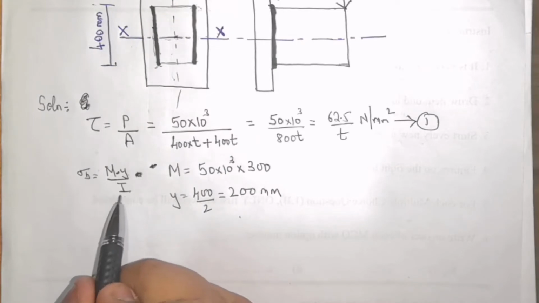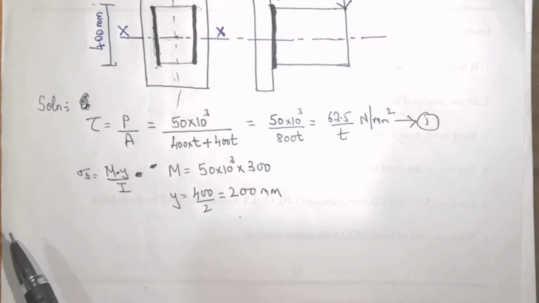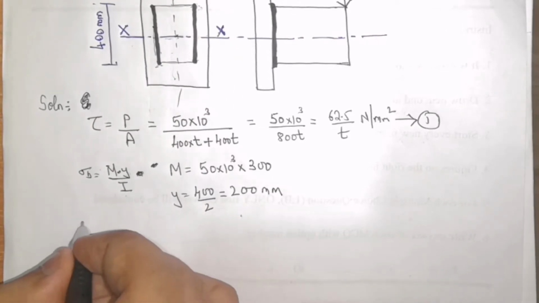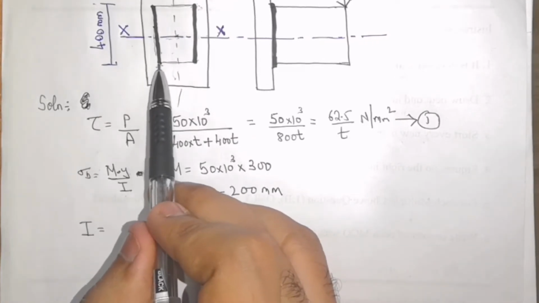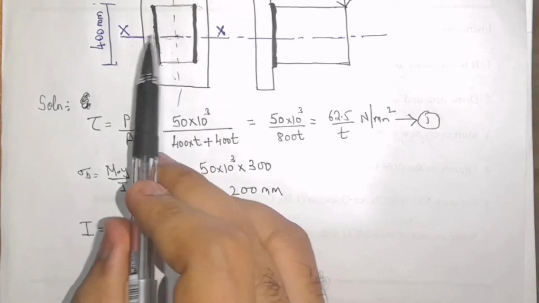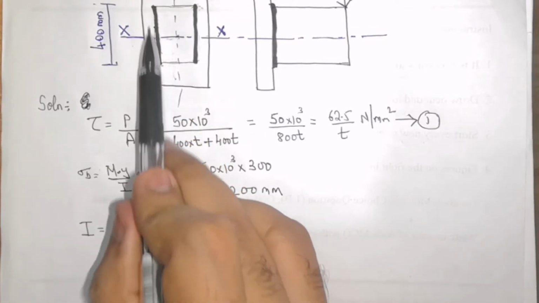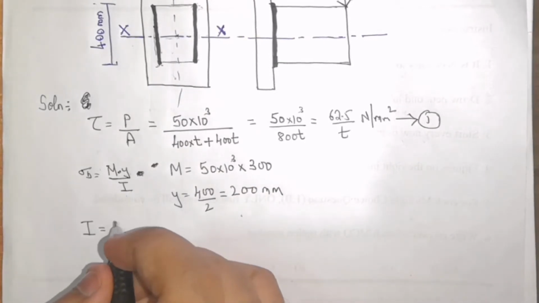I is the moment of inertia of the weld about the centroidal axis, or about the x-axis. Now we are considering this as a rectangular weld. Hence the moment of inertia of this rectangle about this axis will be BD cube divided by 12.